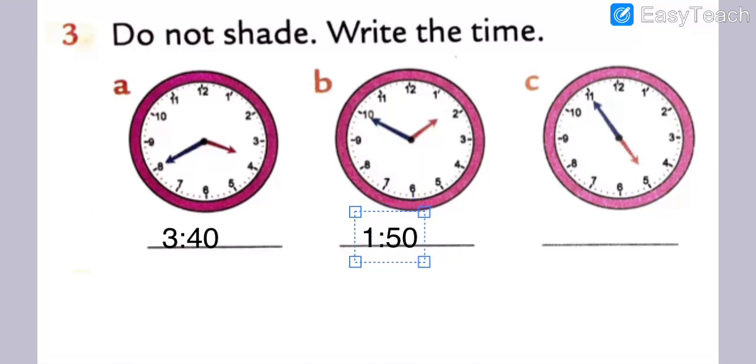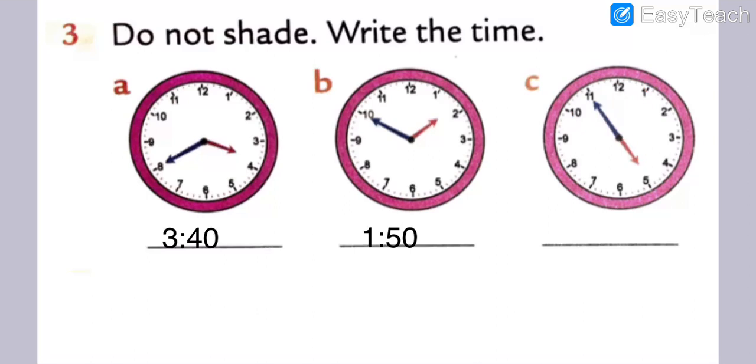If it were 2 o'clock, the hour hand would be properly on 2. And the minute hand is on 12. Got my points? That's why we are going to mention 1:50.